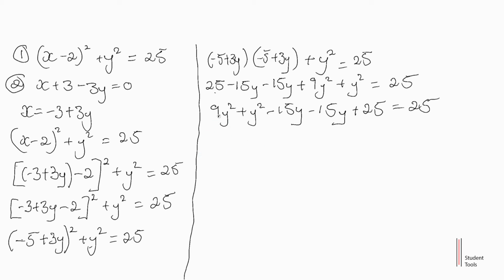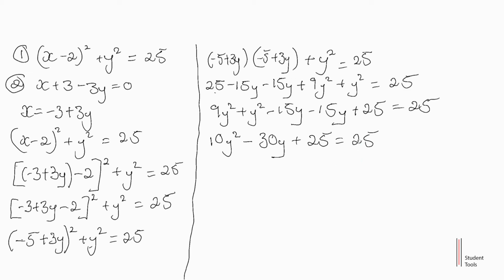So 9y² + y² is 10y², −15y − 15y is −30y, plus 25 equal to 25.